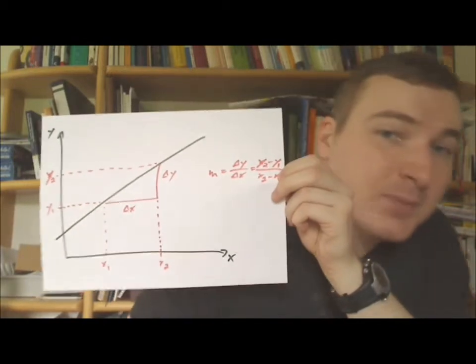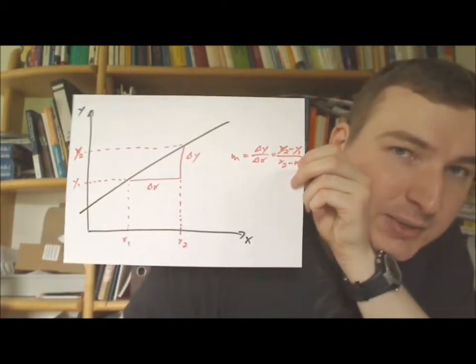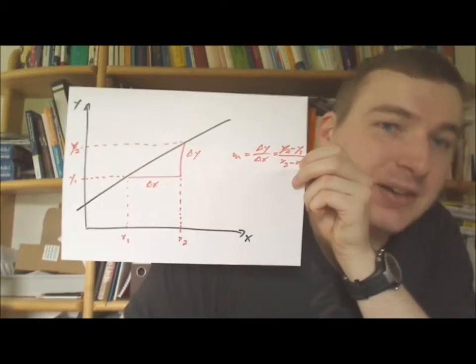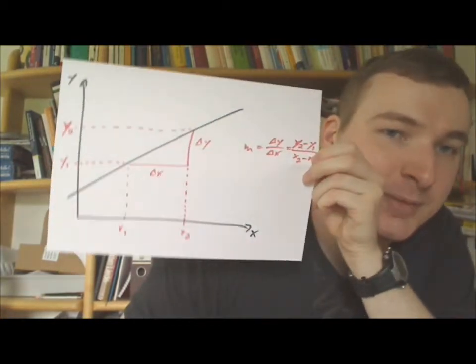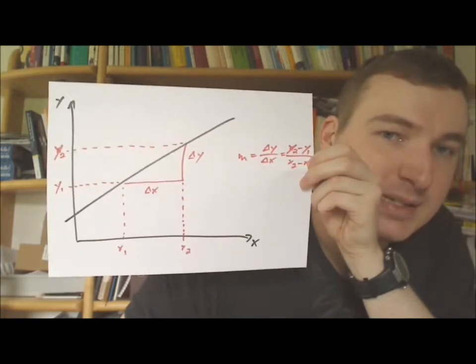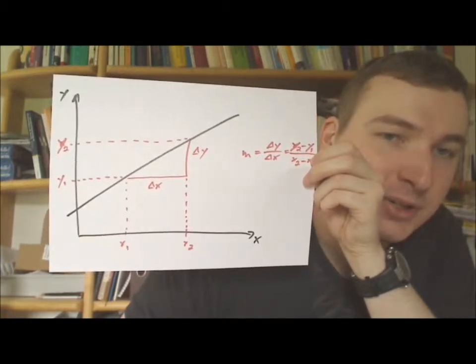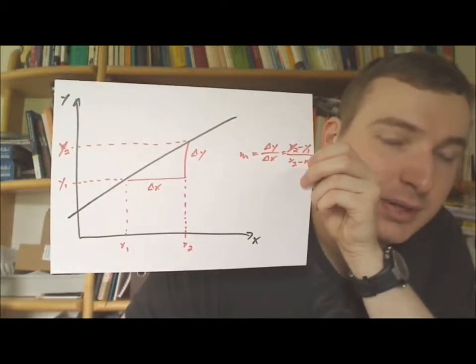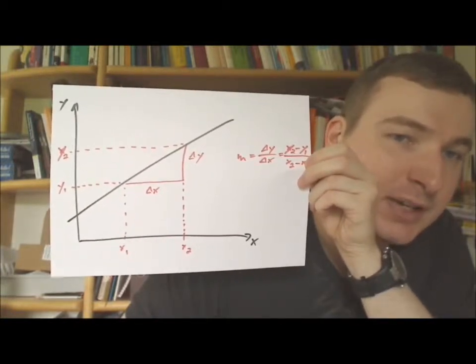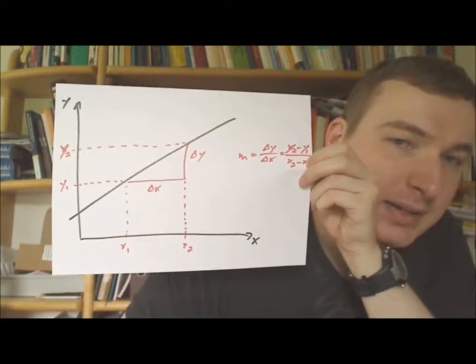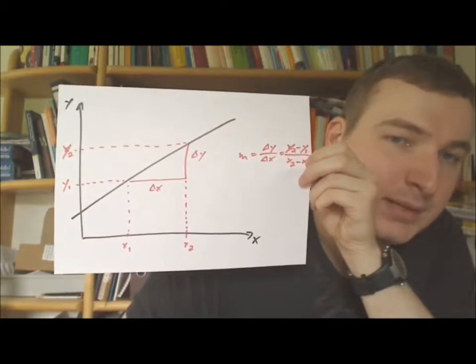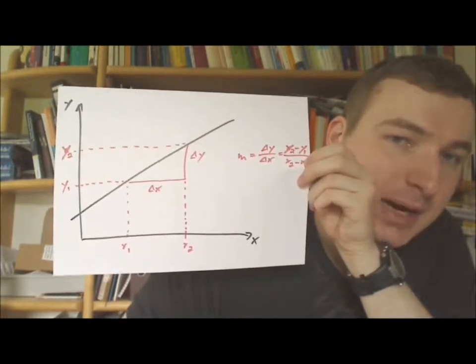This is a point, and this is a point. It doesn't really matter which points you take, since you divide anyway. The proportion is always the same for linear functions, the slope is always the same, so that will not change anything. But you need two points. So we have x2 together with y2, and x1 together with y1, and we say x2 minus x1 is delta x, and y2 minus y1 is delta y.